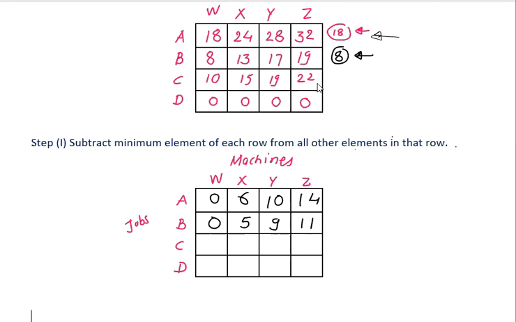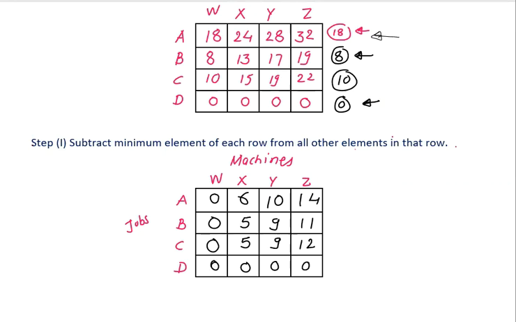Now the smallest entry in the third row is 10. Subtracting 10, we get 10 minus 10 equal to 0, 15 minus 10 is 5, 19 minus 10 is 9, 22 minus 10 is 12. And the smallest element in the fourth row is 0. So subtracting 0 will not change the entries in the fourth row.